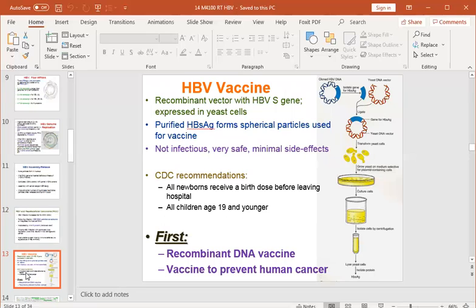What about hepatitis B vaccine? It is a recombinant vector with the HBV-S gene. So what we do is, when we clone the HBV DNA, that segment of the HBV genome that codes for hepatitis B surface antigen, we will cut it out and put it into a yeast DNA vector.